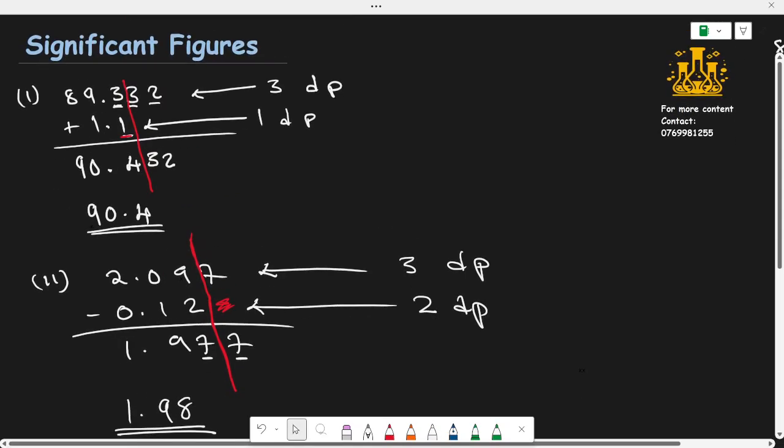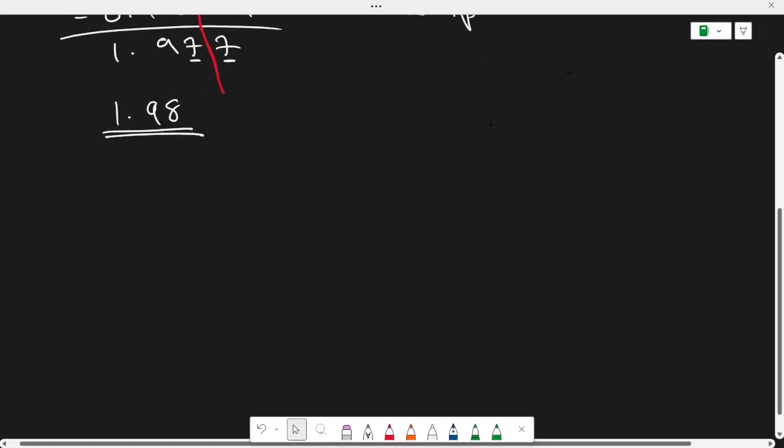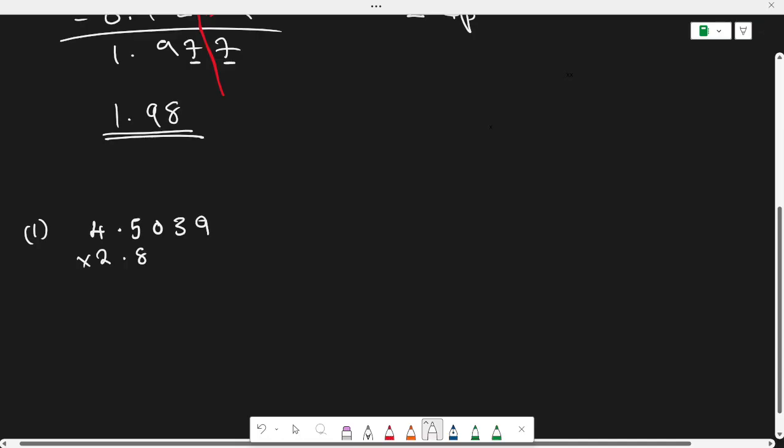of significant figures. Now, when we look at rules of handling significant figures when it comes to multiplication and division, you find that they are different. So let's say you had 4.5039, then you are multiplying this with 2.8.